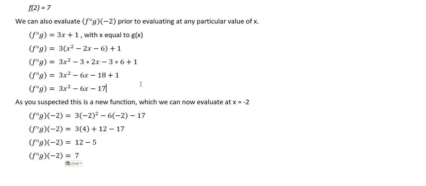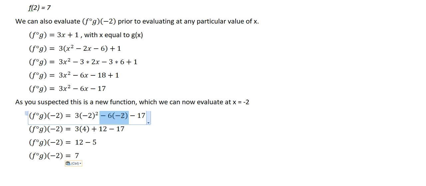So let's go ahead and evaluate this at x equals minus 2, and we'll see if we get the same result. Every place where we see x, we're going to replace it with minus 2. So 3 times minus 2 squared, minus 6 times minus 2, minus 17. Minus 2 squared is 4, so 3 times 4 is 12.